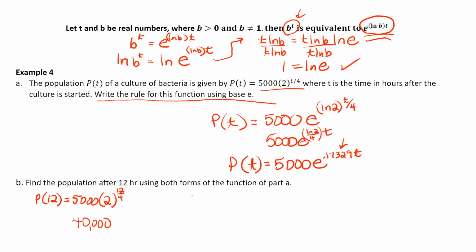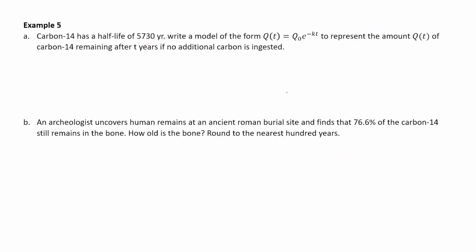If we do it using the base e function, we would have P of 12 equals 5,000 e to the 0.17329 times 12. And if we punch that in the calculator, we get just about the same thing, slightly different because we estimated k, but it's basically the same thing.